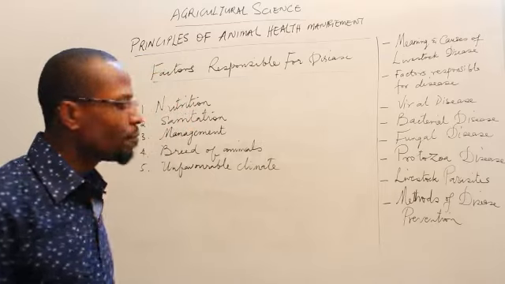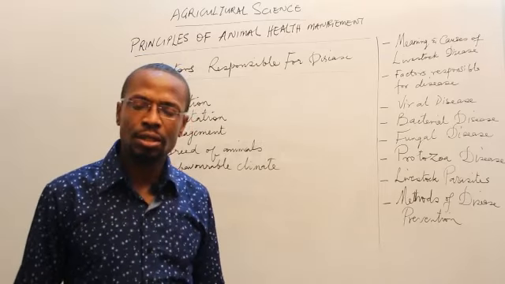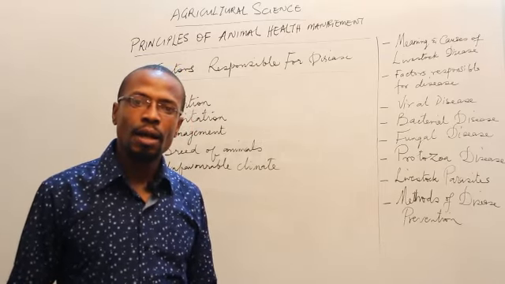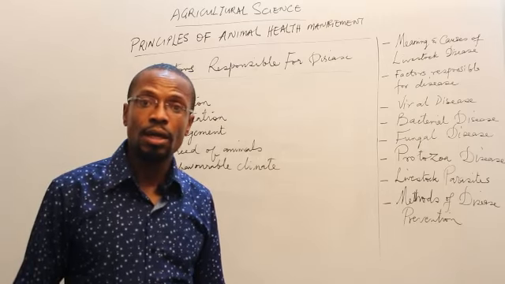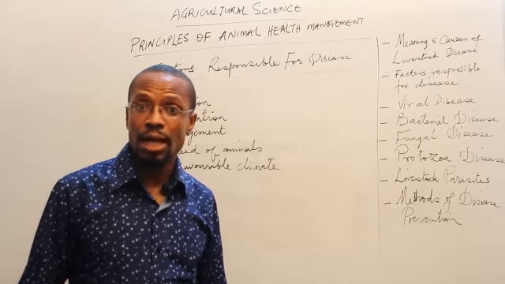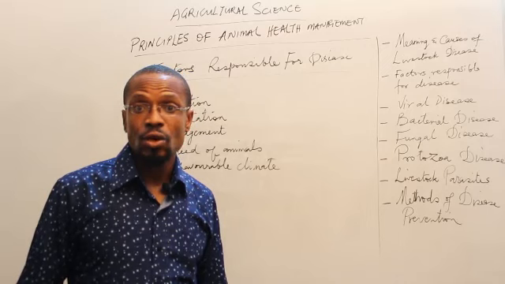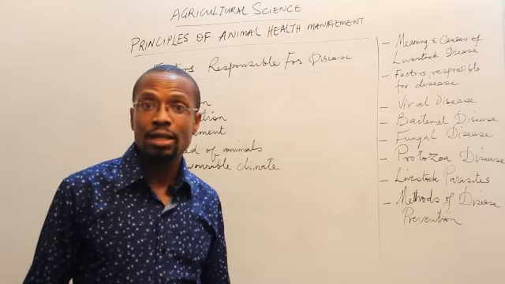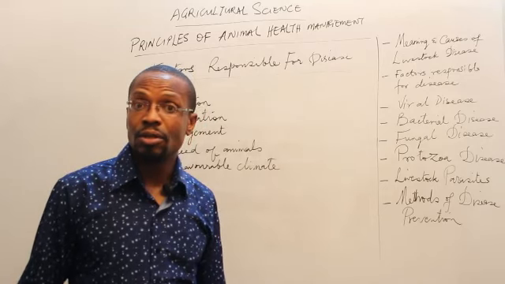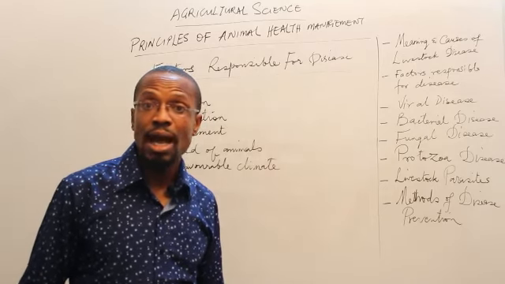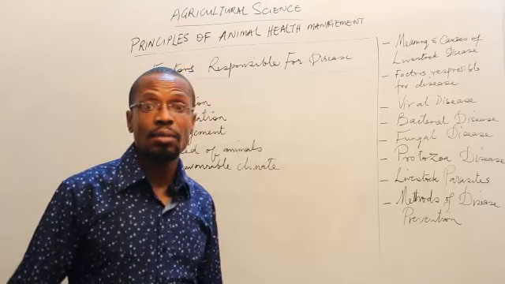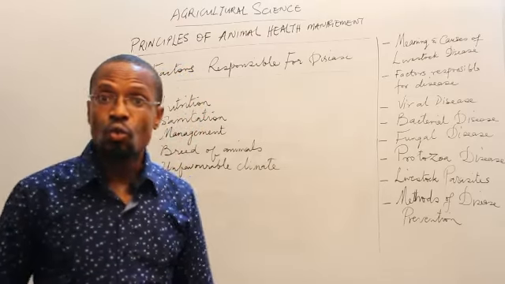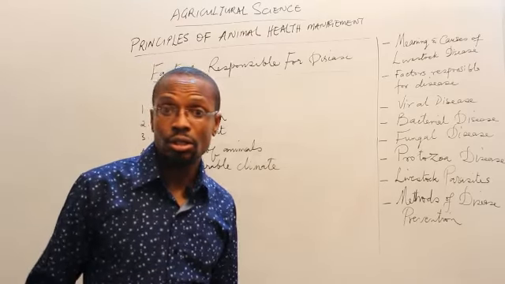And then unfavorable climatic conditions is another factor that could predispose animals to diseases. We know that during winter, for instance, we see certain birds especially hibernate, or certain animals migrate to warmer climate regions.